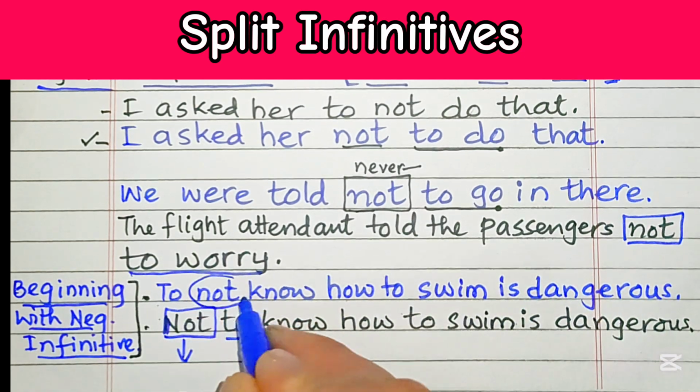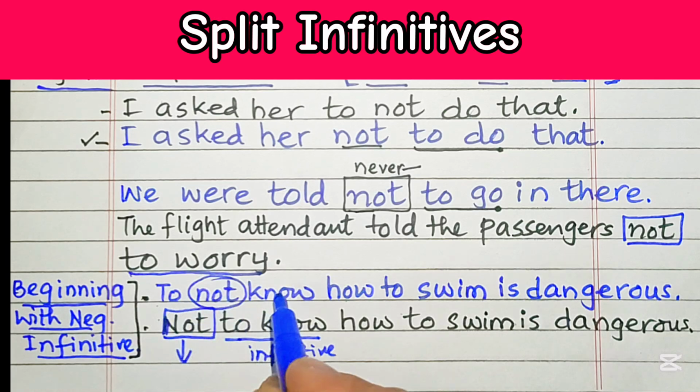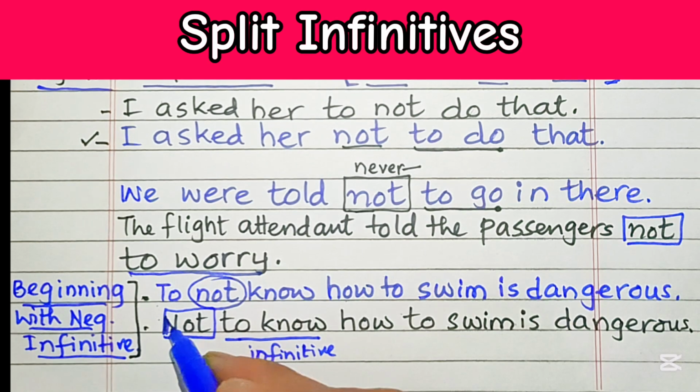Over here, this word not is actually splitting the infinitive to know. So we can fix the problem by putting not in the beginning of the sentence, and then this will be okay. Without any problem, we can start a sentence with the word not.